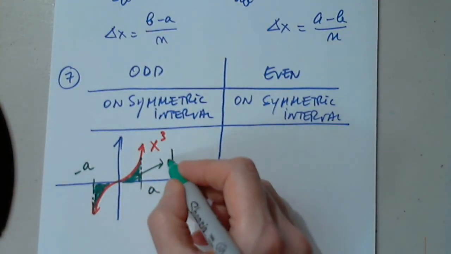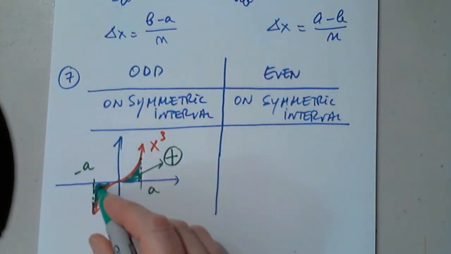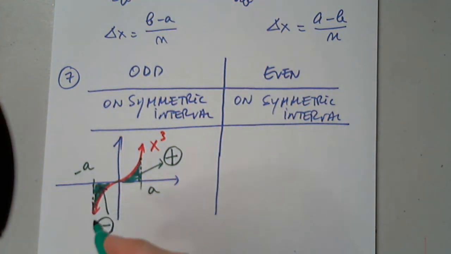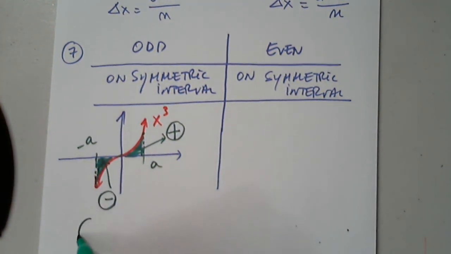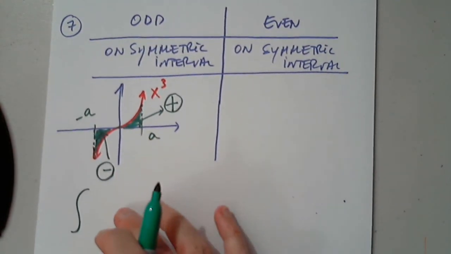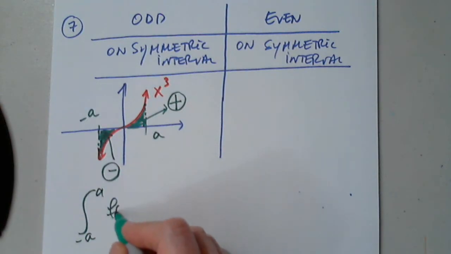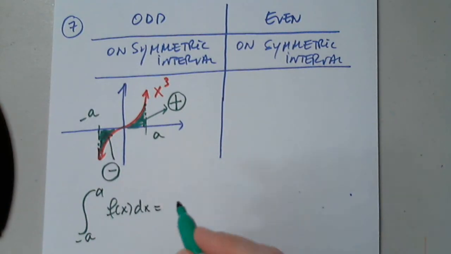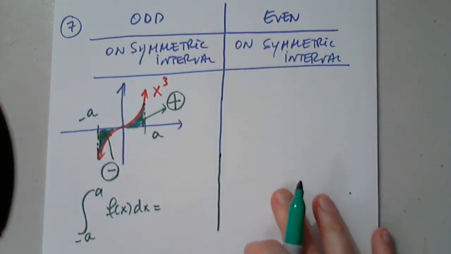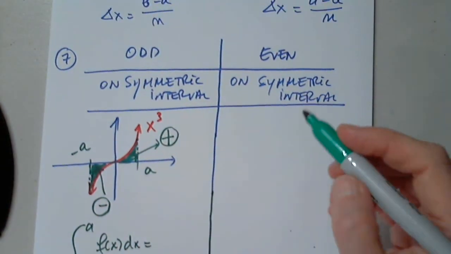This is a positive area. This is a negative area. What do you think the integral of this odd function from negative a to a of f of x dx will equal? You don't have to say anything just now. Let me do the same thing for even.